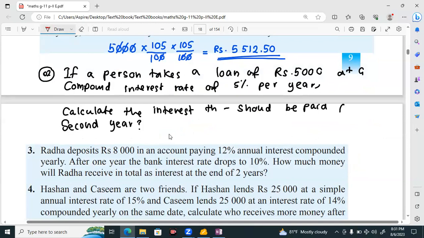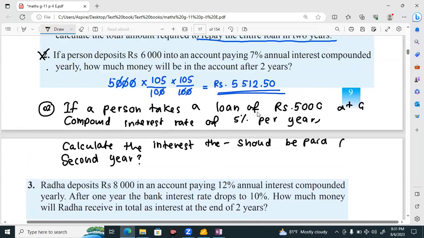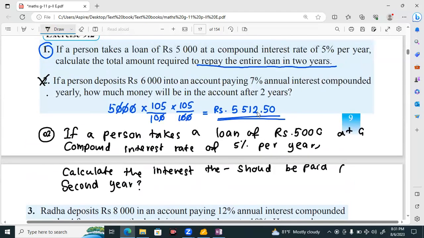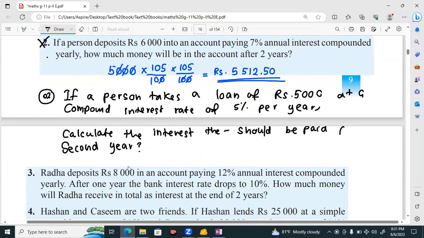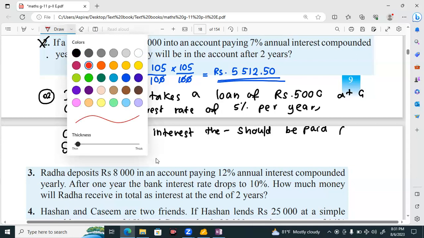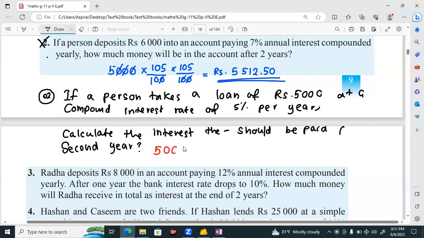Now, to find the interest for the second year, we first have to find the loan amount we have to pay at the end of the first year.